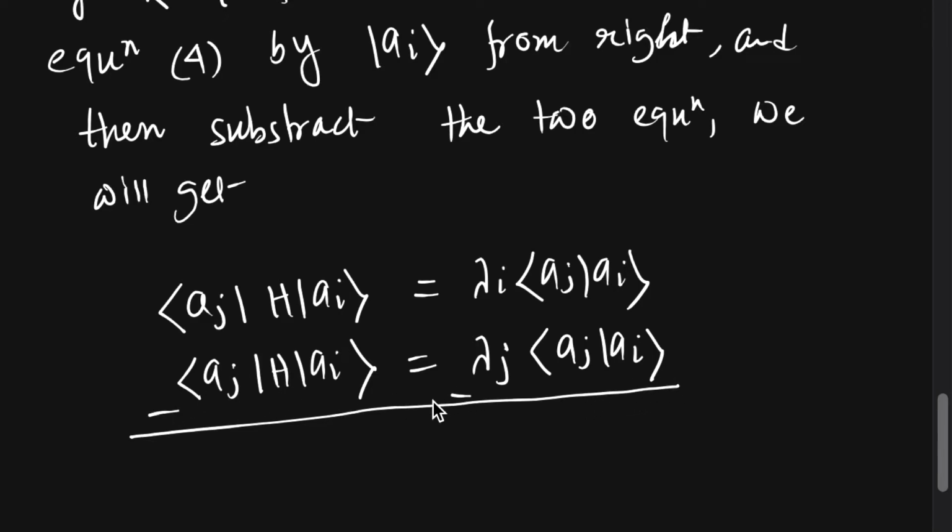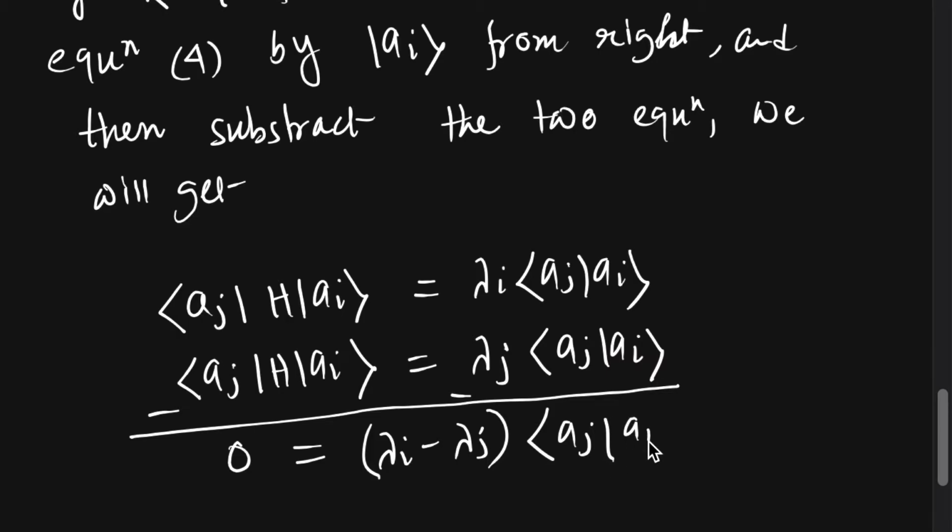If we subtract these two equations, we will get 0 equal to lambda i minus lambda j into <aj|ai>.